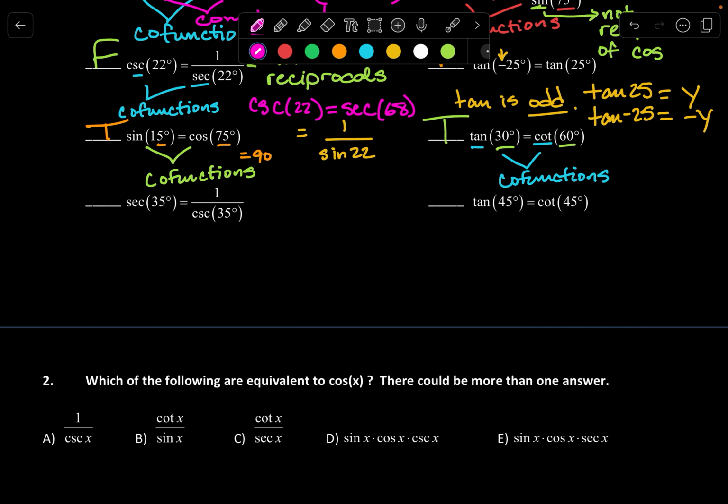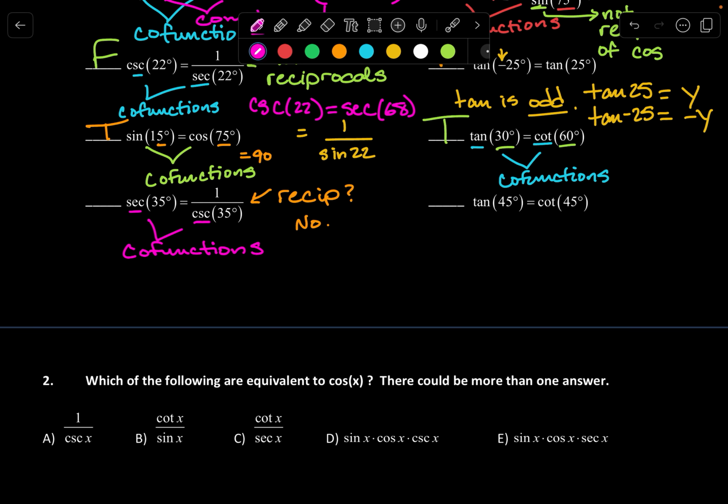And then we've got secant and cosecant, which are cofunctions. The way it's set up right here is as a reciprocal, but they are not reciprocals. There's two ways I could make this true.